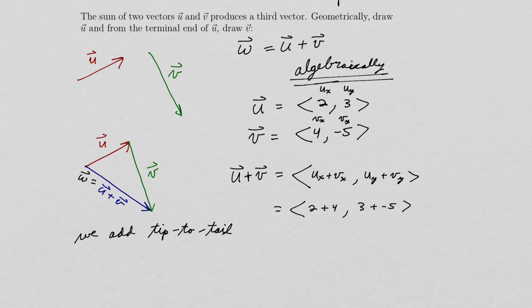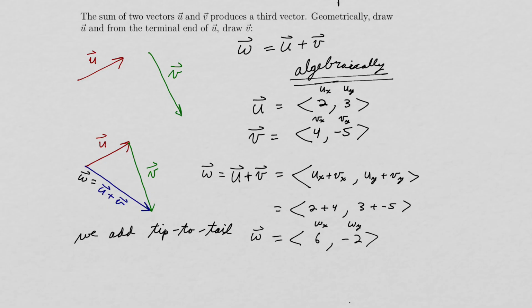Remember we're calling this w. So w has a final answer of 6, negative 2: the x component of w is 6, and the y component of w is negative 2. So to add vectors algebraically, you literally just add the components together.